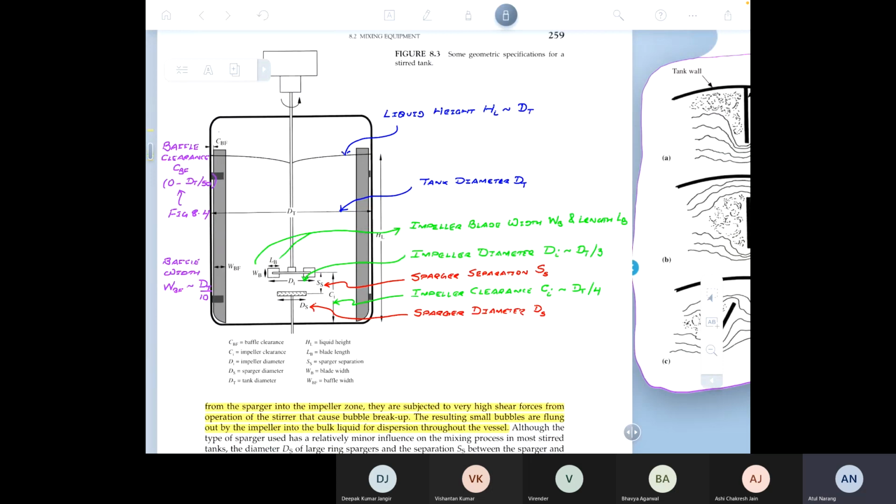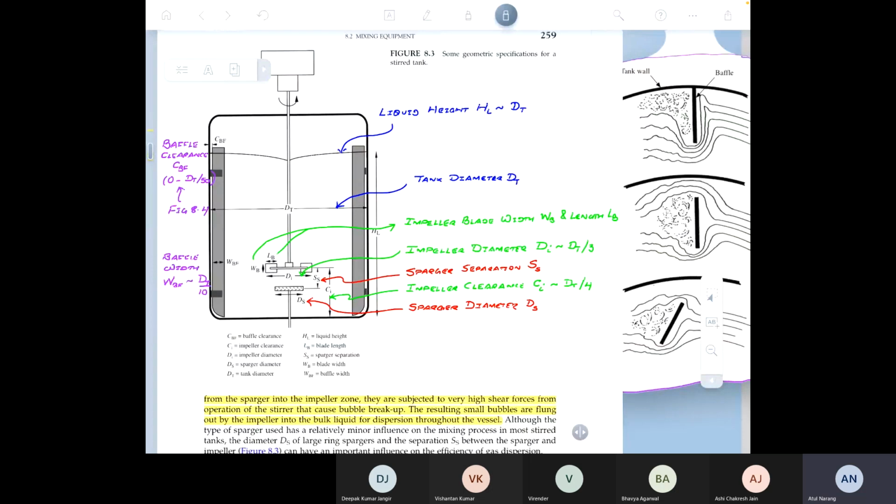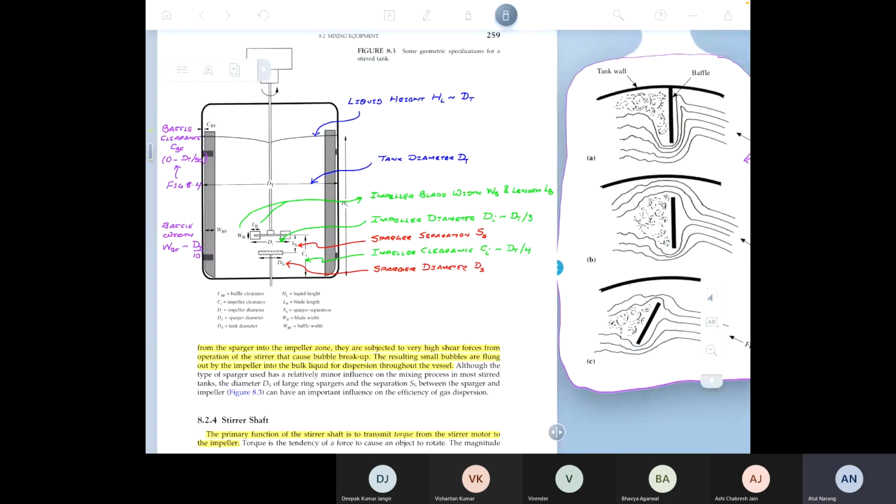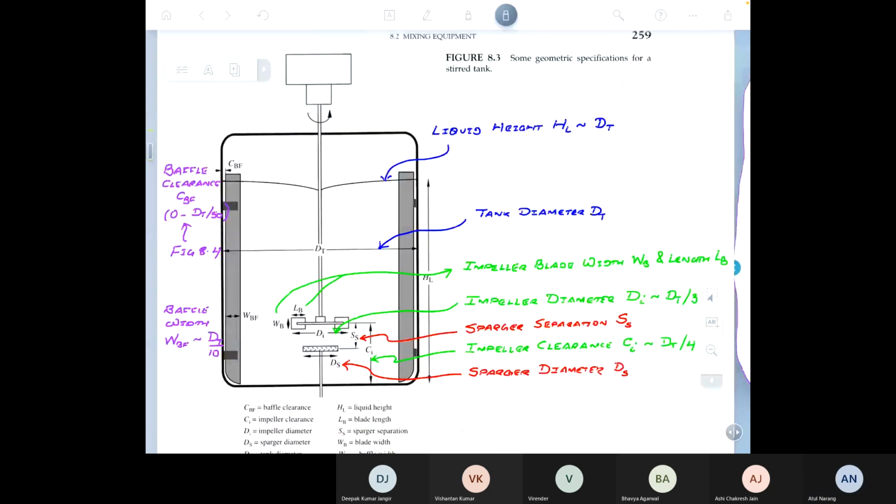Then coming down, you have what is called the impeller. You can see the picture. And we have this very important dimension called the impeller diameter. This is the diameter of the entire impeller, which is denoted d sub I. This d sub I is on the order of 1/3 of the tank diameter.